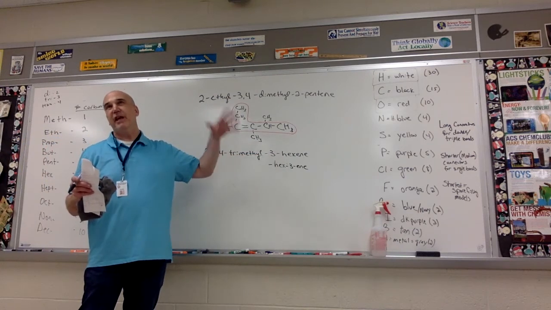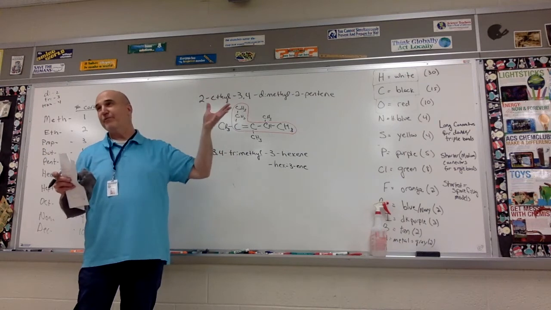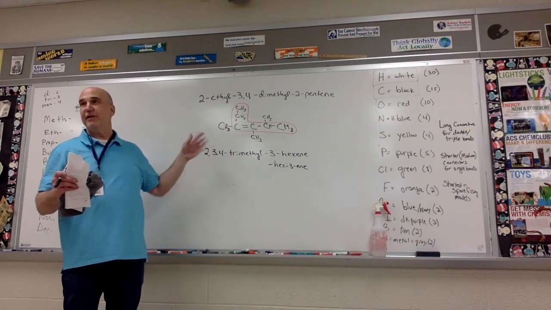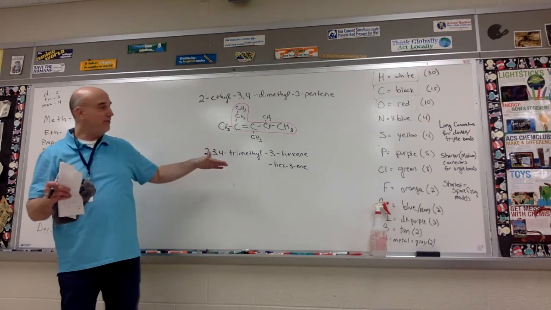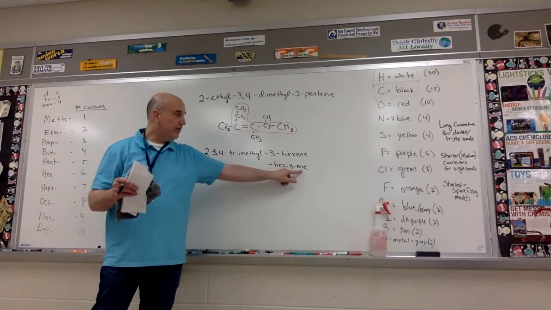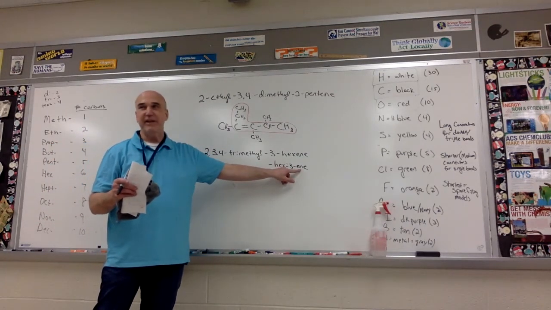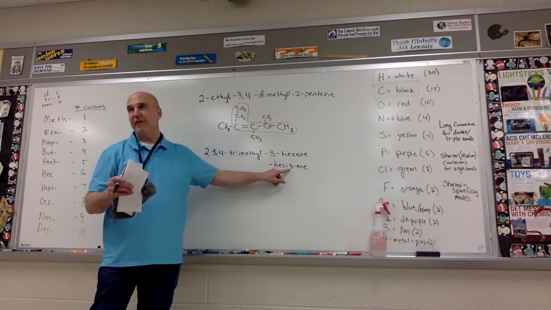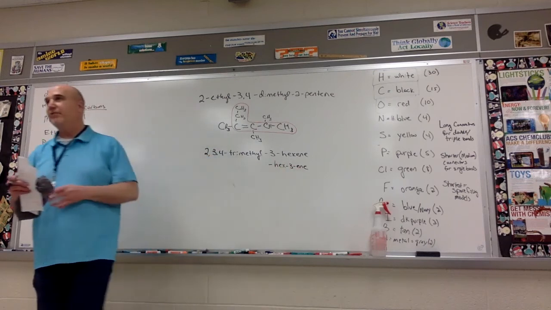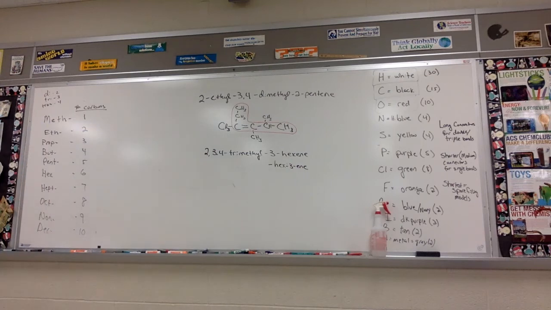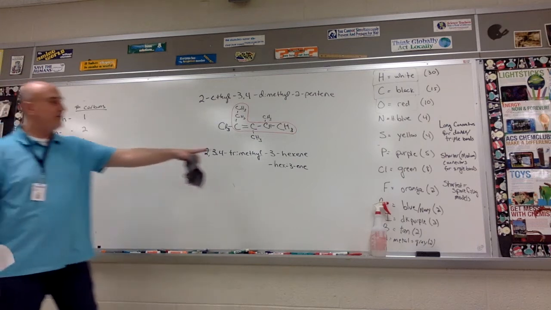But the IUPAC, the organization that makes naming rules, made a newer system where you put the number in front of the ene, because the ene comes from the double bond, so it's saying the double bond is off the third carbon. Does that make sense? So you might see it either way. If you see a name where the number is in the middle of the name with the ending, it just means the same thing as this.